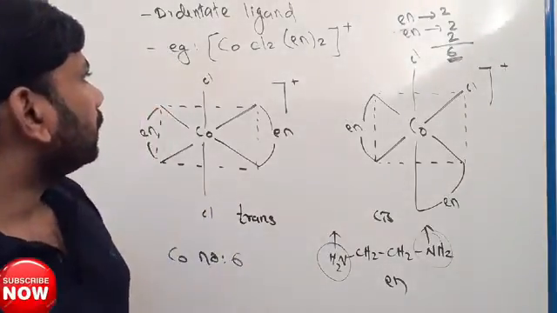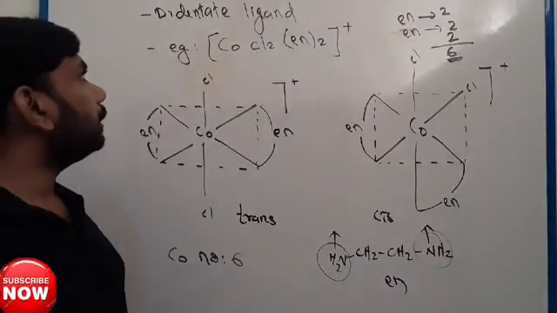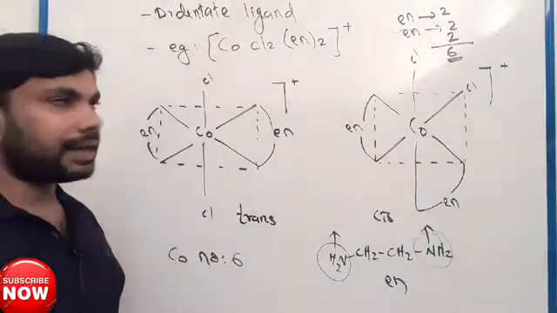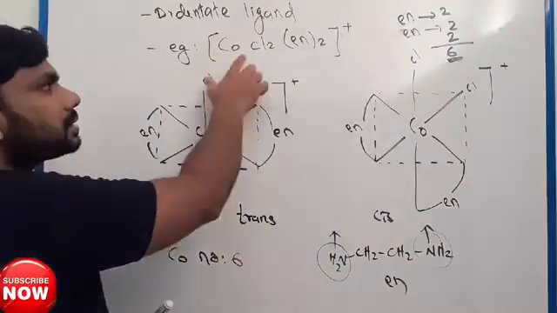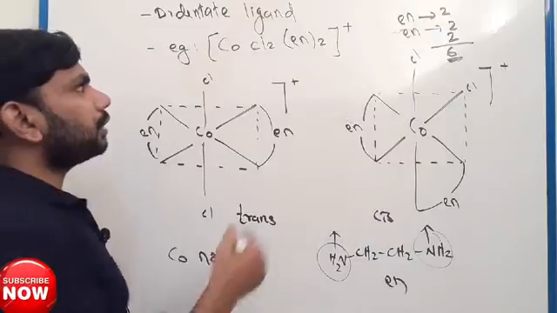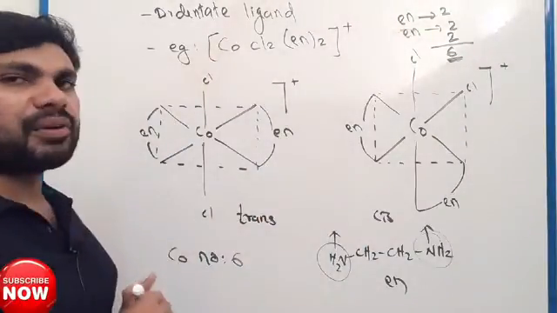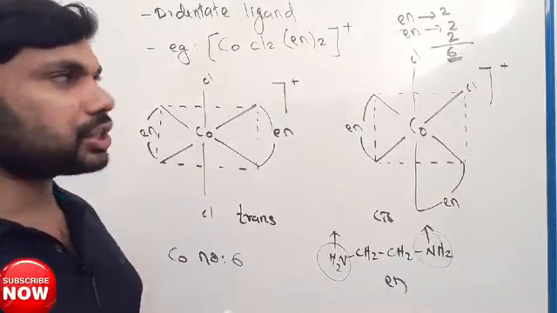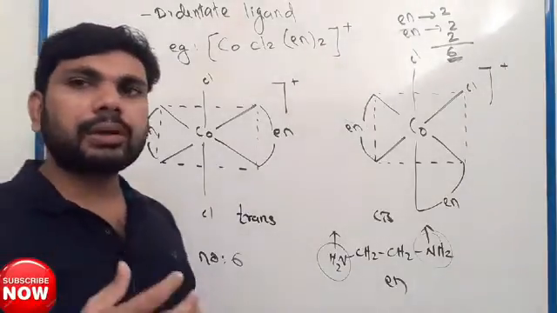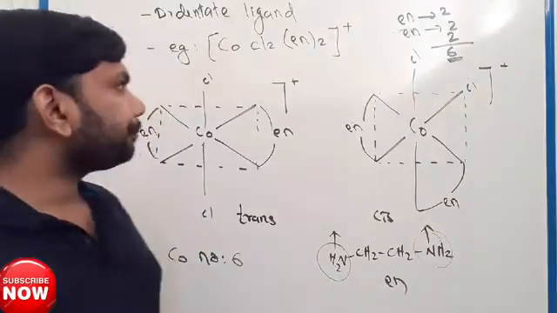So here, geometrical isomerism which contains didentate ligand. Example: cobalt Cl2 ethylene diamine twice. This type of isomerism comes with coordination number 6.